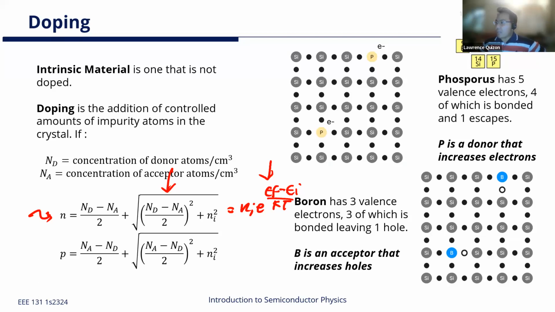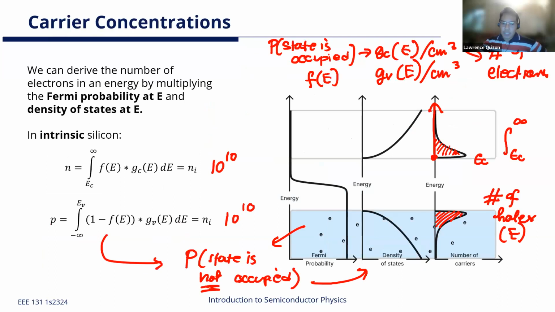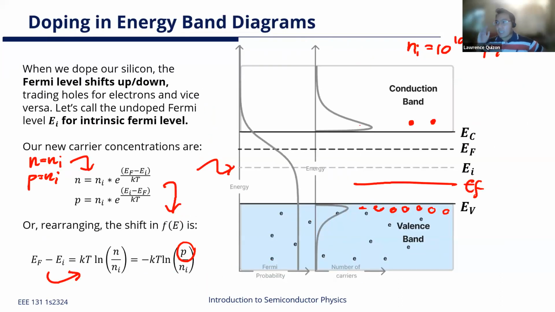Yung Fermi level po ba, electrons lang po kino-consider niya or pati po yung holes? Yung Fermi level, it also considers the position of holes. Essentially, kung nasan si Fermi level, it affects both electrons and holes, right? Kasi ito, di ba? EF minus Ei, tas Ei minus EF. Actually, if you combine these two equations, you still also find that np equals ni squared.